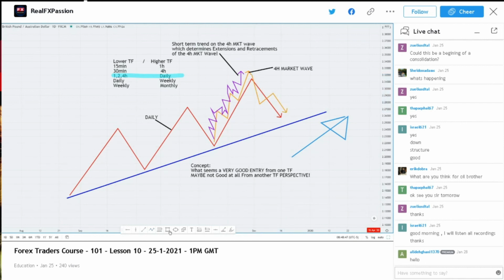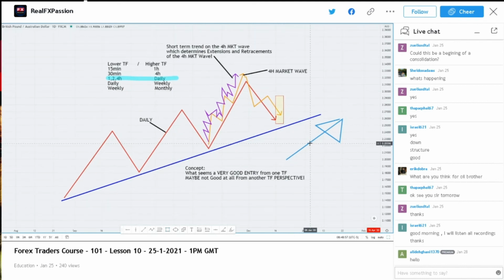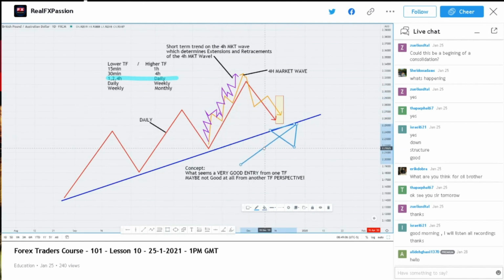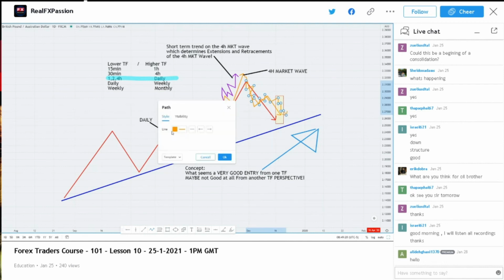And even though the daily chart made a bullish candlestick formation, this was not the best trade. Why not? Because the 4-hour market wave was down. Make sense, everybody? And how are we going to spot the down market wave one more time? With the violet lines in this example. Short-term downtrend.